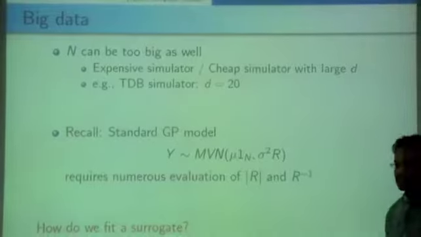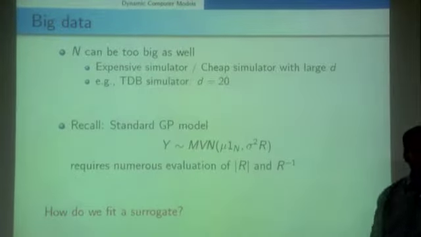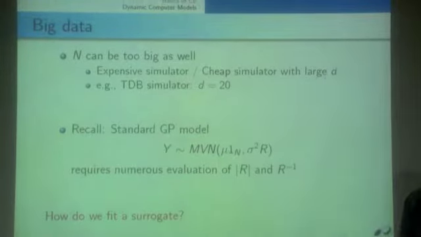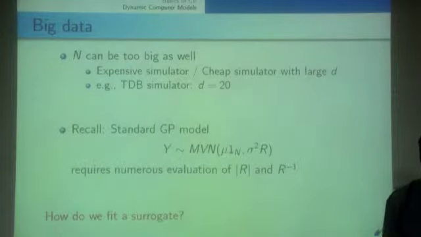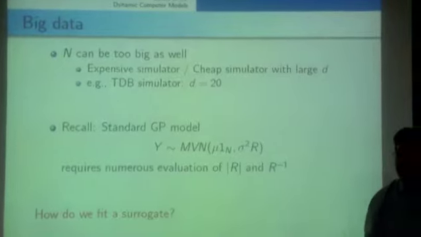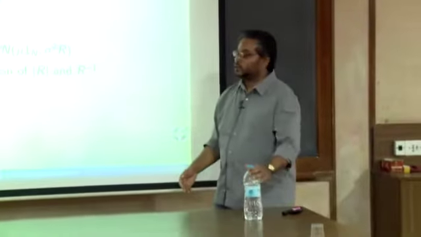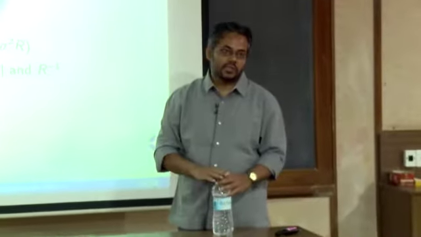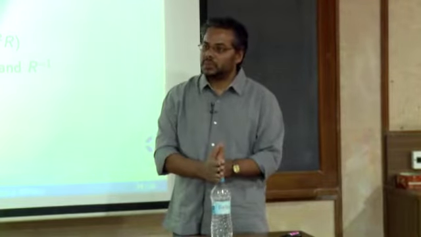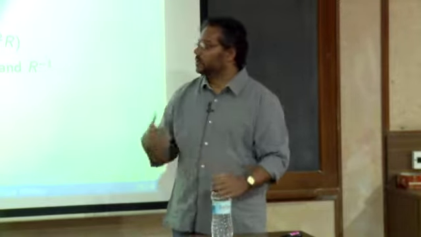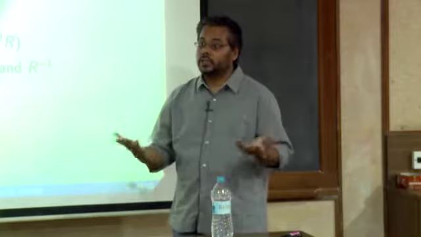The problem becomes interesting if we have a really large data set. You may say that this is contradicting my own statement. At one time I was saying that the data is expensive to get, and now I am saying we have a large data set. Well, there are cases where both are possible simultaneously. Say, for example, satellite data is really big.